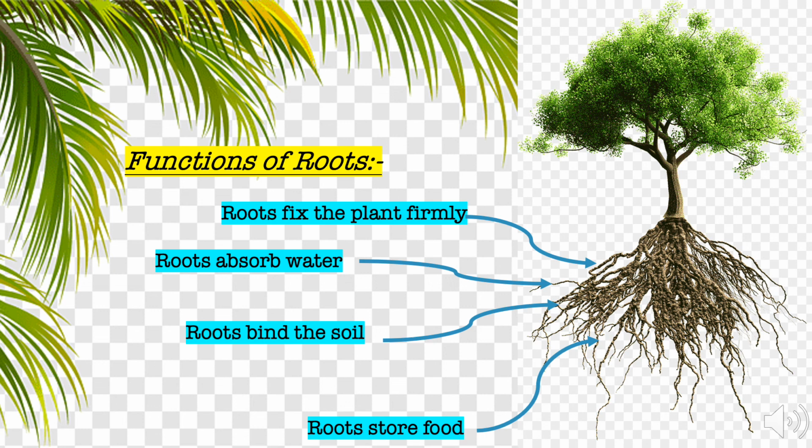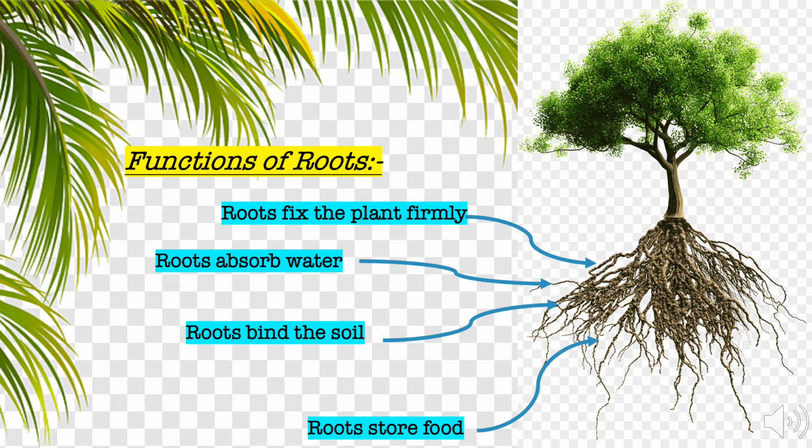Now children, let's discuss a few functions of roots. First of all, very important, roots fix the plant firmly into the ground. They spread out in the soil and hold the plant firmly to the ground.